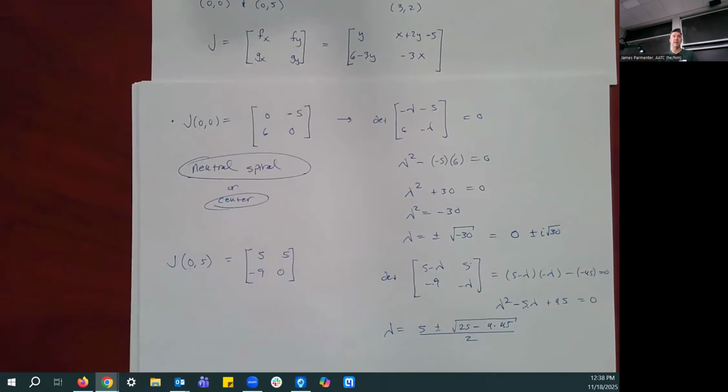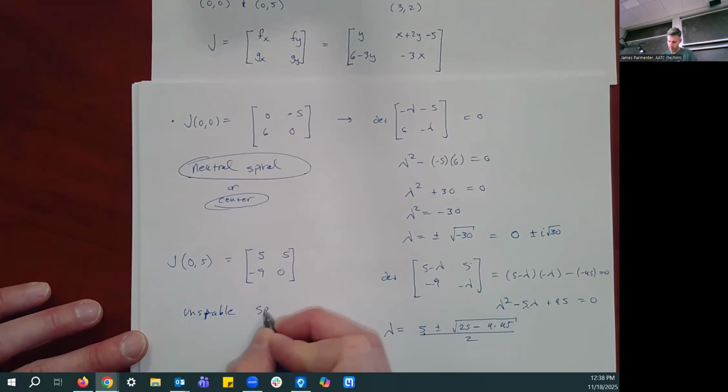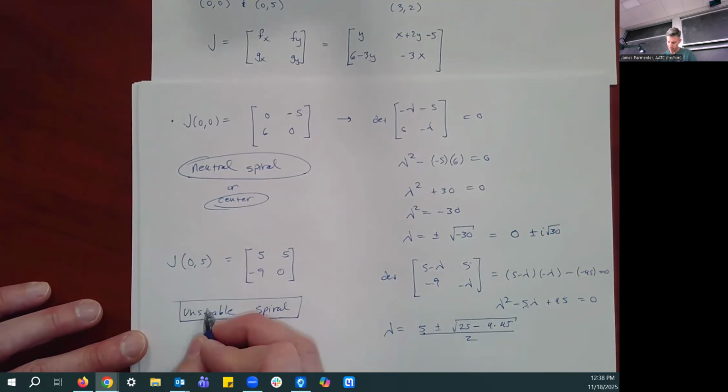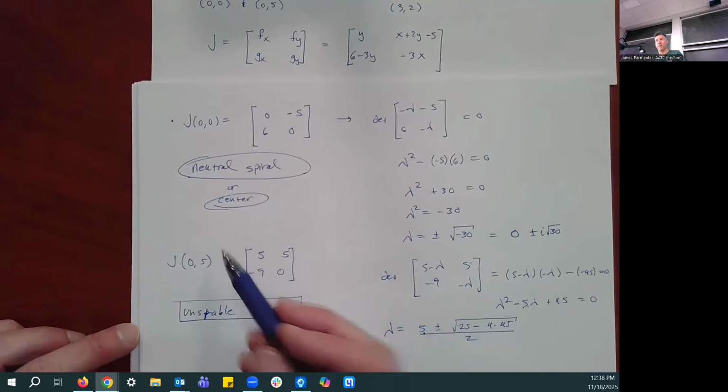The square root has a negative number inside it for sure. And the real part is positive this time, so we have an unstable spiral. We also knew it was going to be unstable because our trace was plus 5.